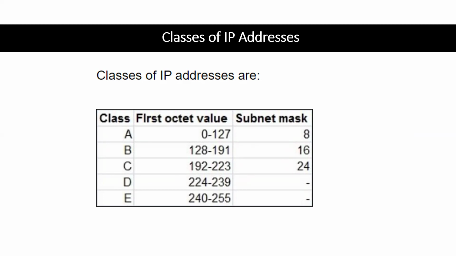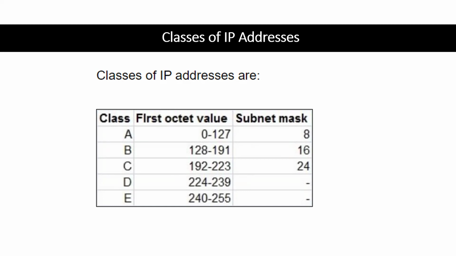I'll show you how that looks in a minute. Class B is considered an IP address if the first octet value is between 128 and 191. It has a subnet mask of 16. Class C is 192 through 223, with a subnet mask of 24, which is 24 bits.